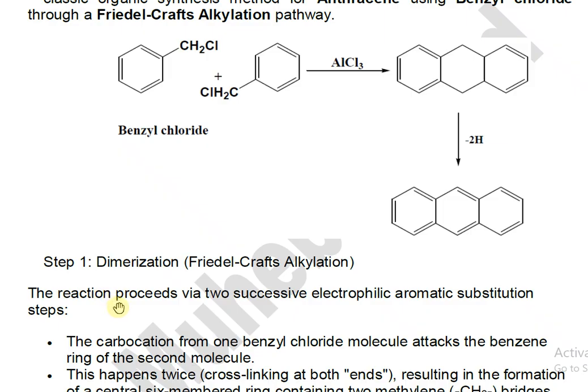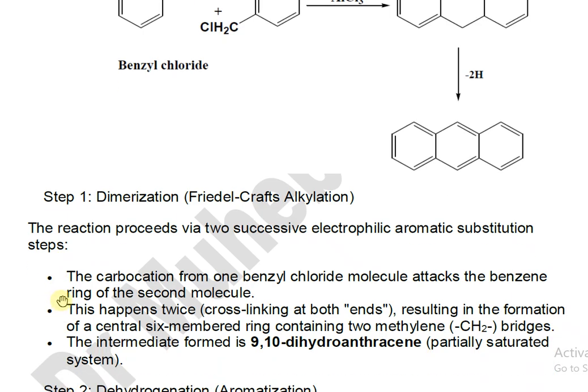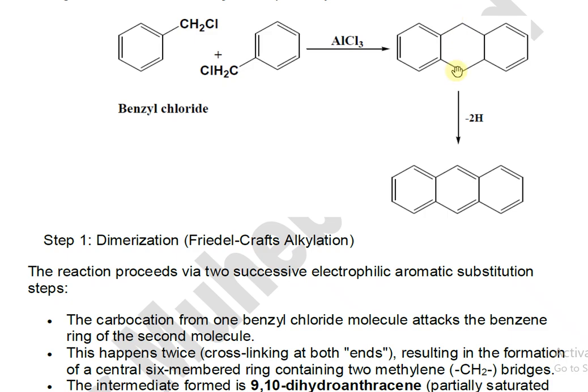The reaction proceeds via two successive electrophilic aromatic substitutions. The carbocation from one benzyl chloride molecule attacks the benzene ring of the second molecule. This happens twice, cross-linking on both ends, resulting in the formation of the central 6-member ring containing 2 methylene bridges. The intermediate formed is 9,10-dihydroanthracene.